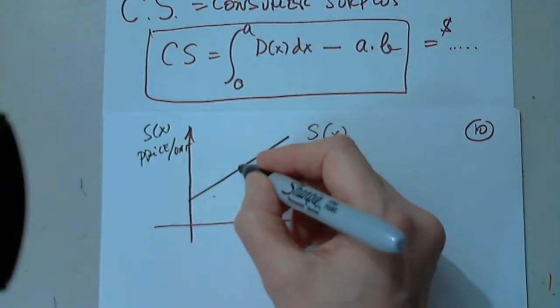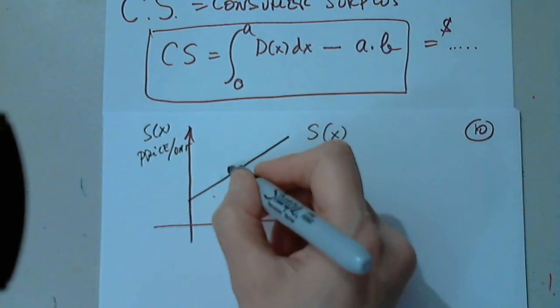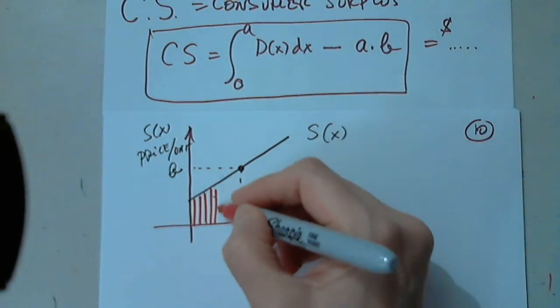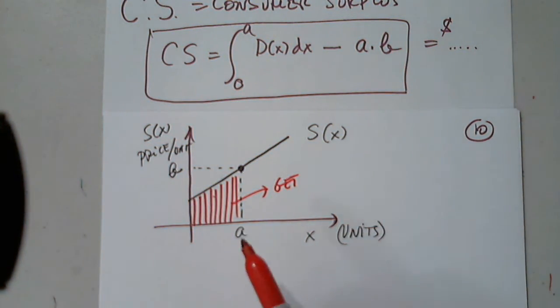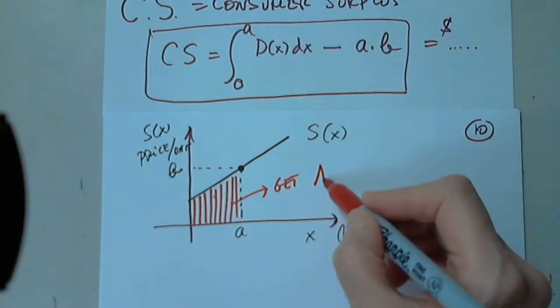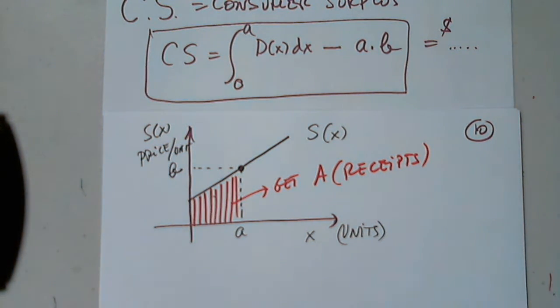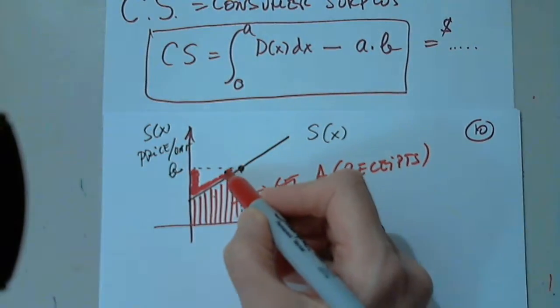So for any point on the supply function, here's our A, here's our B. This is what they get. This is the area of receipts, for example. This is what they get in money terms from us. And this is the so-called producer surplus.